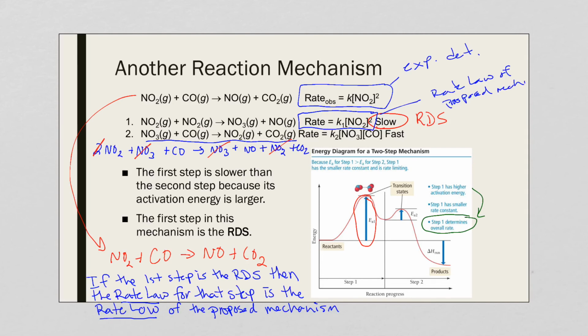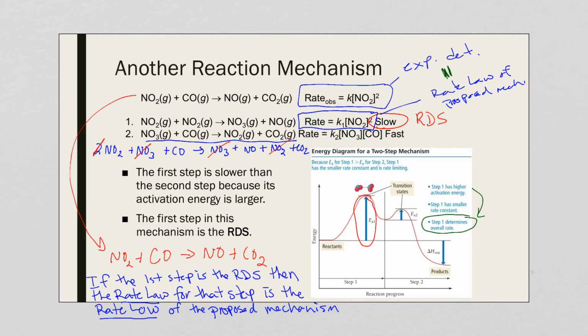So the second criterion, in order for a mechanism to be a potential mechanism for a process, is that the rate law of the proposed mechanism must equal the experimentally determined rate law, right?